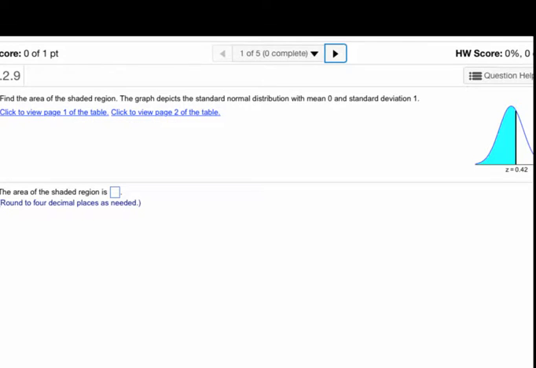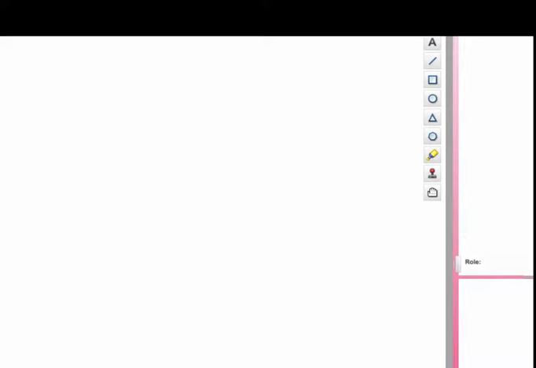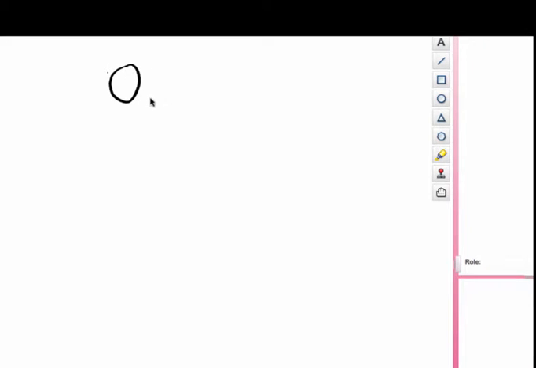Before we open up the table, we need to know exactly what we're looking for. Given our z-score of 0.42, we have two pieces of information. The first piece of information is the first two numbers in this value, the whole number and the tenths place of the decimal, 0.4.